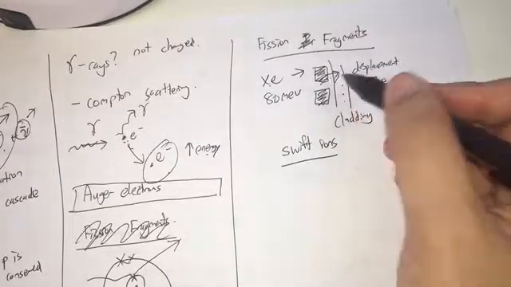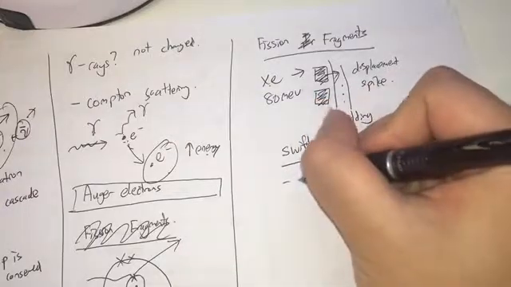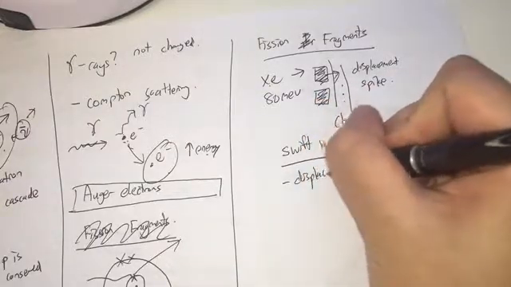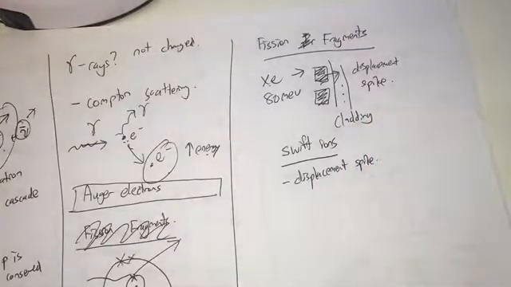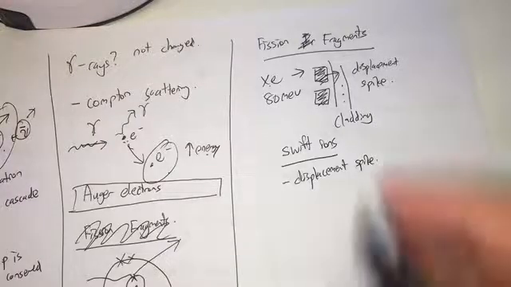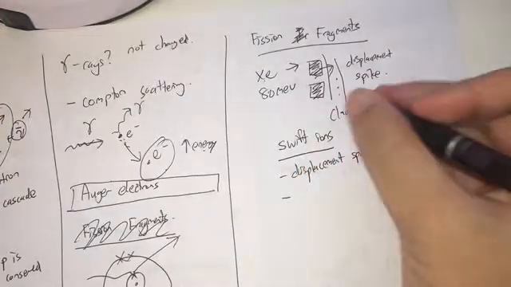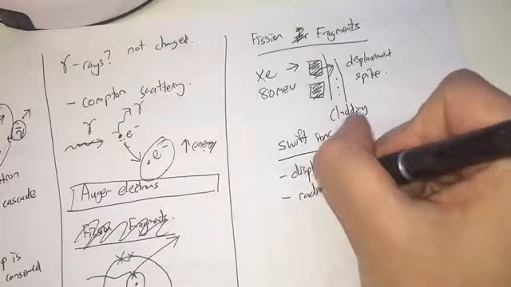So we will have a displacement spike being produced. And then, because they are radioactive, we will have more radiation damage.